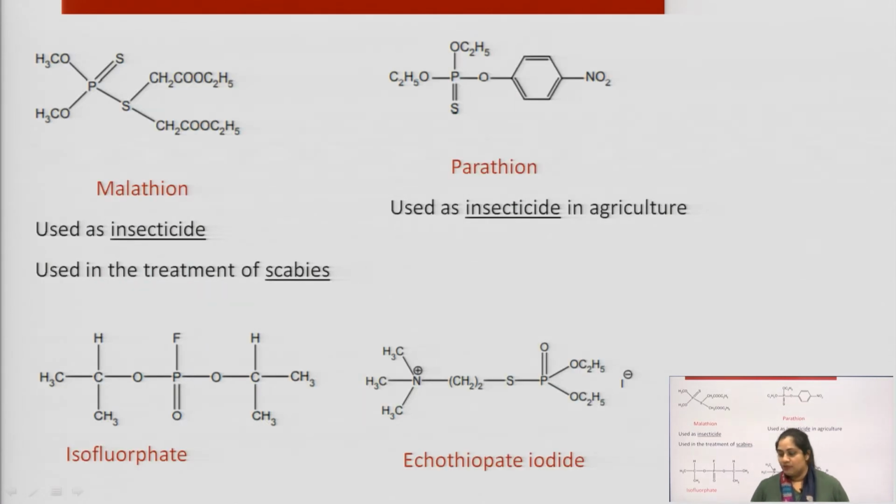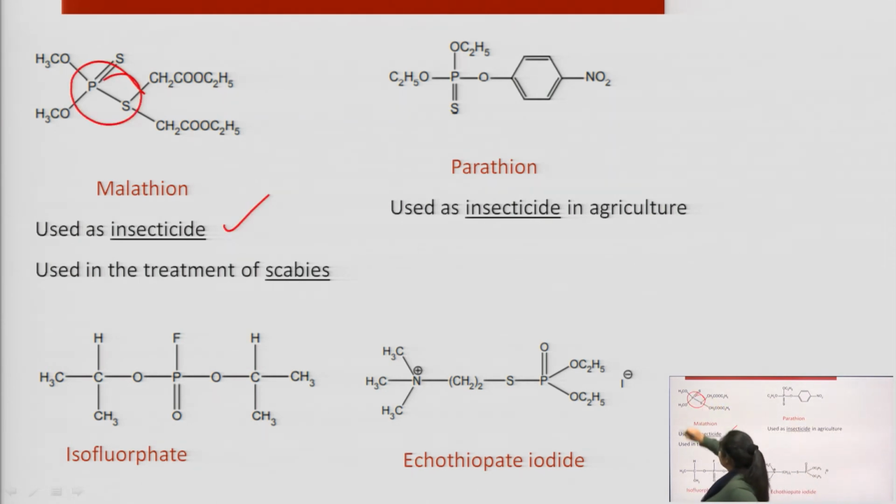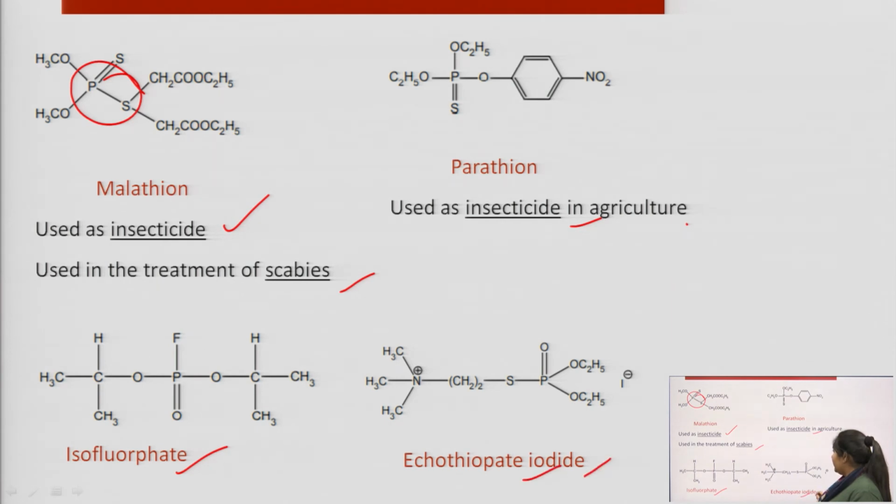Let us take some examples like malathion, which is used as an insecticide, again organophosphorus as we have discussed, and also used in the treatment of scabies. And further, parathion, one of the most common insecticides used in agriculture, and isoflurophate and echothiophate iodide.